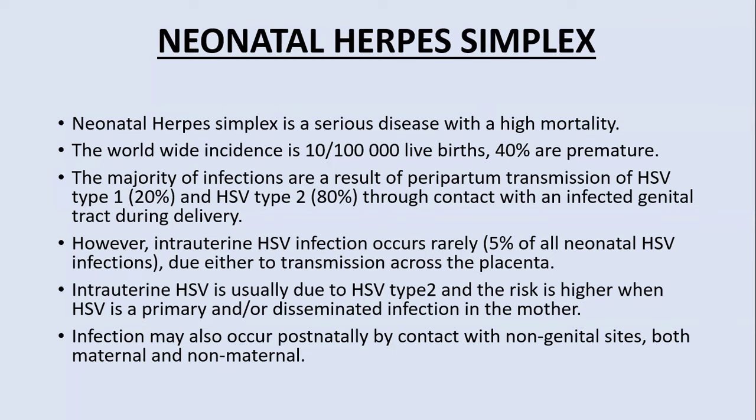And the last but not the least is the postnatal acquisition of infection through non-genital contact of herpes simplex virus from the mother or other relatives who are taking care of the baby.